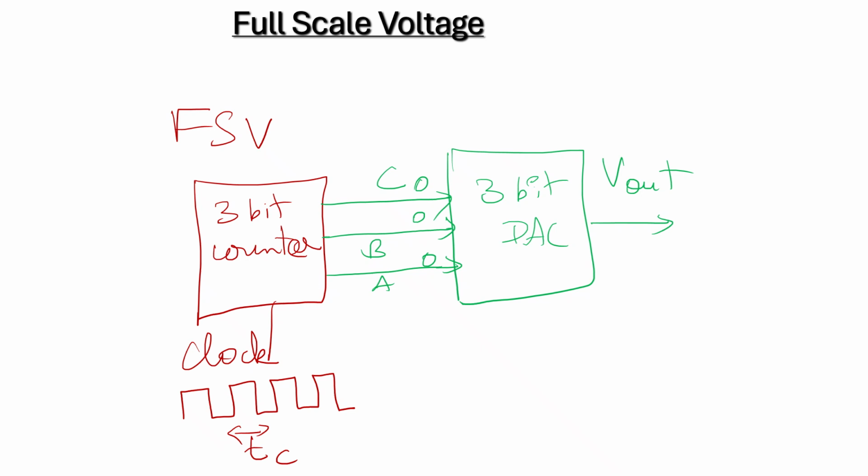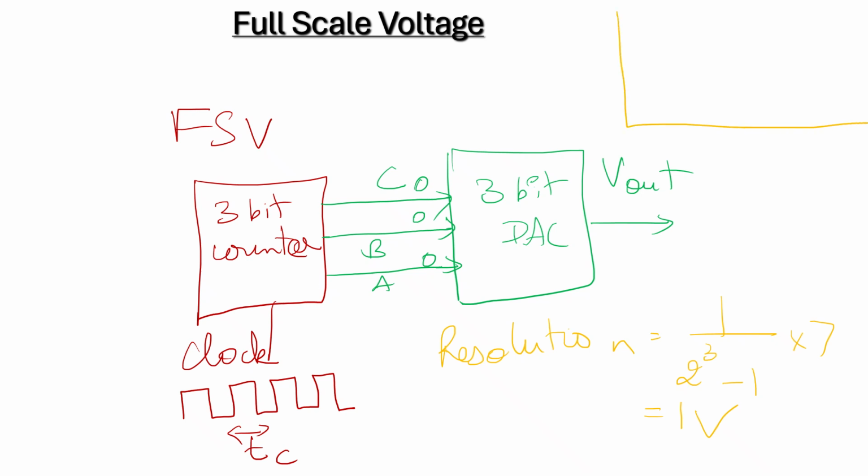Then the resolution is equal to 1 divided by 2 power 3 minus 1, times 7, which is equal to 1 volt output. Another example: what is the step size for a 4-bit DAC operating with the full scale voltage of 8 volts?